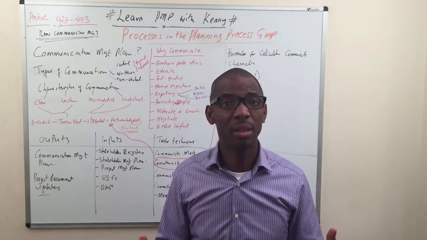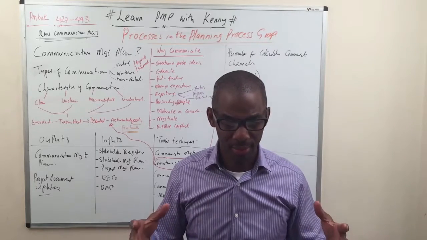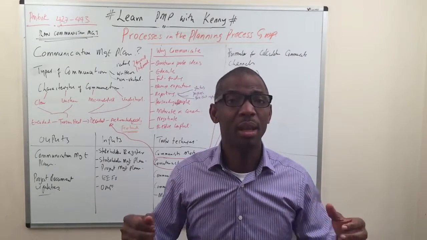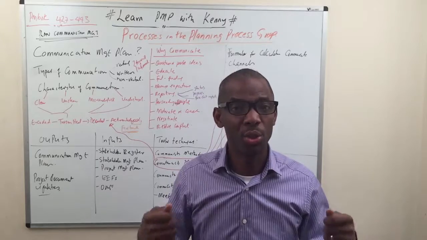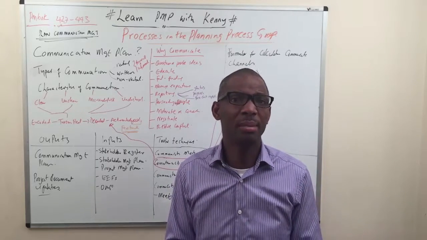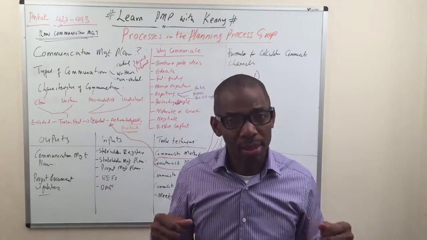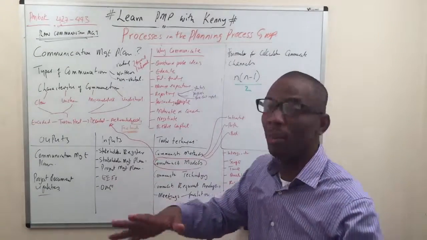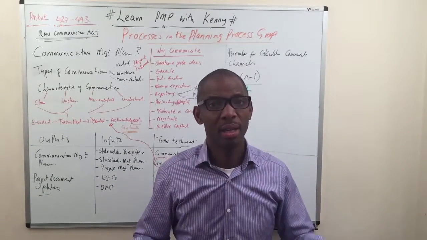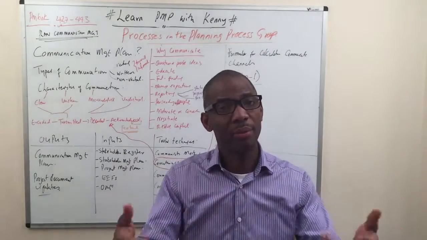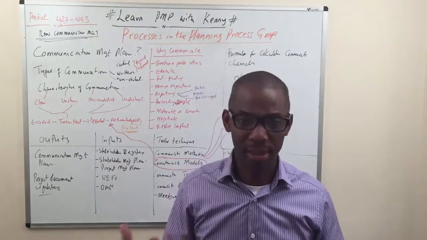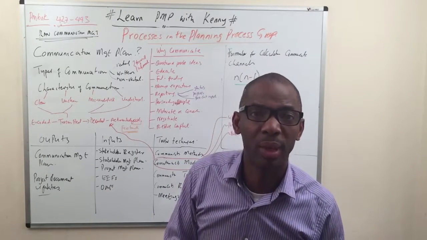You could email any type of communication you need to them. For example, you're emailing reports to them. So you basically push the communication out. You prepare it, and then it's pushed out to them for them to receive and get whatever updates they need.